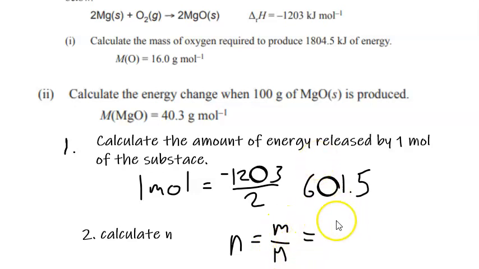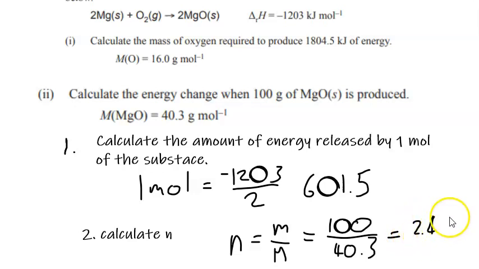The amount we've got is 100 grams, and we divide that by the molar mass of magnesium oxide, 40.3. 100 divided by 40.3 is 2.48. The general rule of thumb in chemistry is that we go to three significant figures, so 2.48 mole.